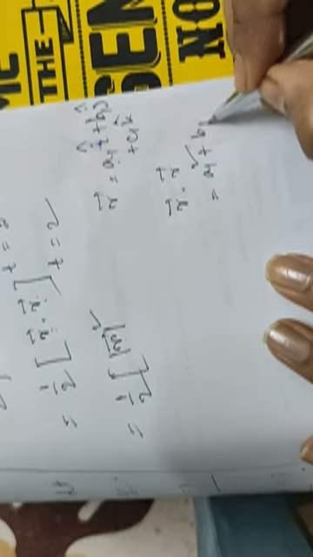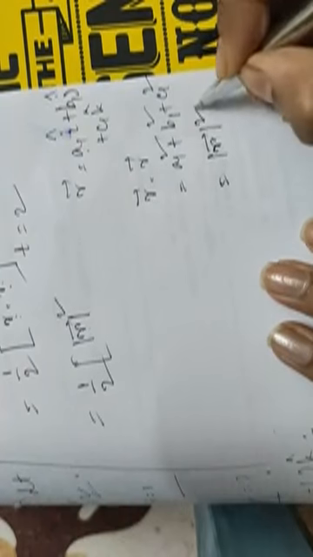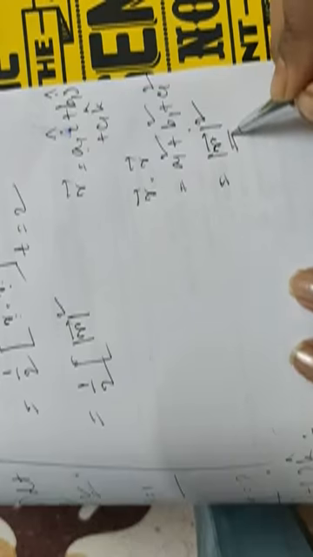Now r dot r means mod r square, its magnitude square, because whenever we are finding r dot r, if r equals a1 i cap plus b1 j cap plus c1 k cap, then r dot r will be a1 square plus b1 square plus c1 square, which equals mod r its square, that means the square of the magnitude of r. So r dot r means mod r square, t equal to 2 to t equal to 3.